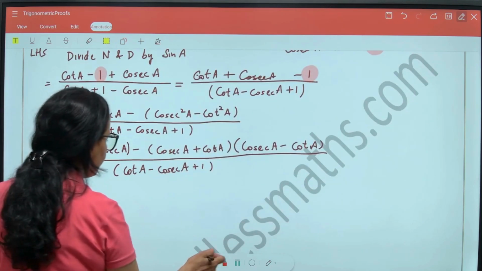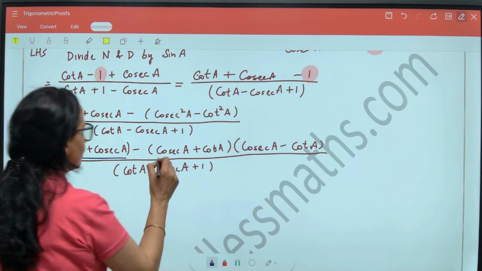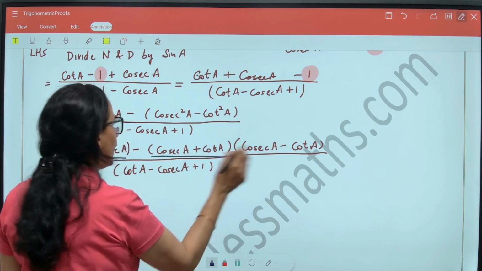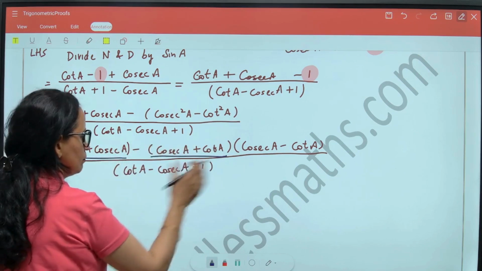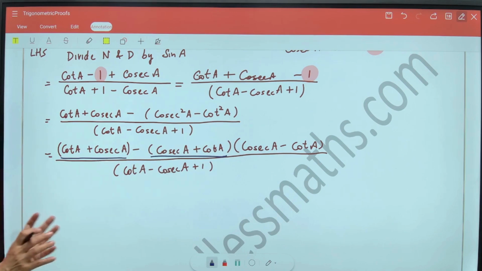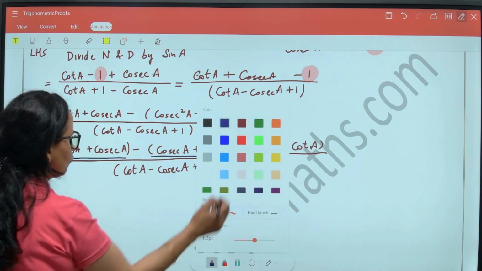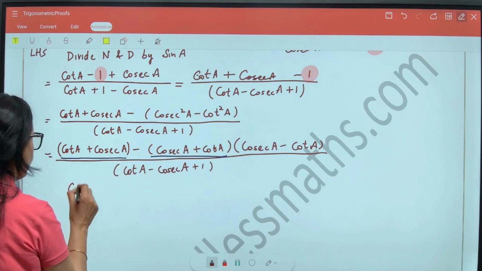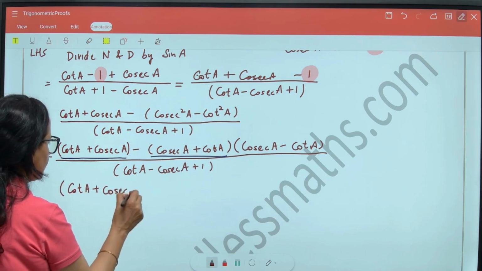Now I have two blocks of expressions in the numerator, one is this and the other one is this. In both these blocks I have cot A plus cosec A common, right. So I can take it out the way you do when we are doing factorization by splitting the middle term, we take the common factors out. So here take this common factor out and what we'll have? We have cot A plus cosec A, it is out now.